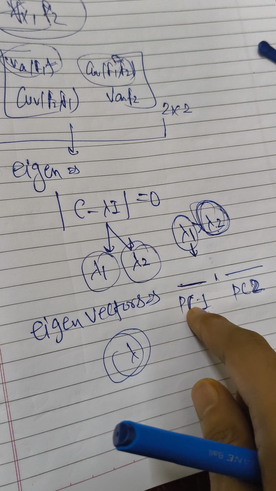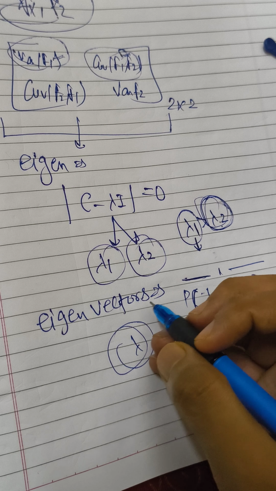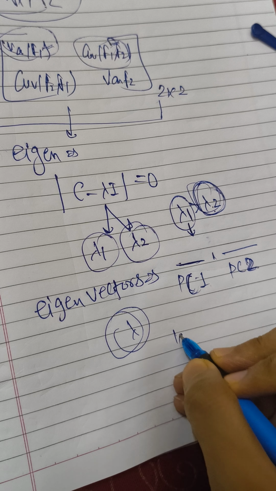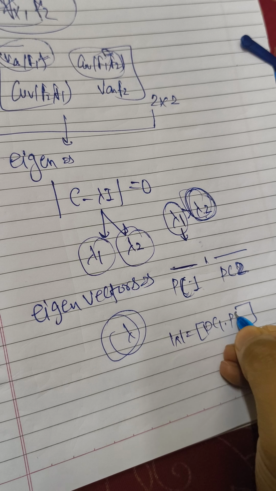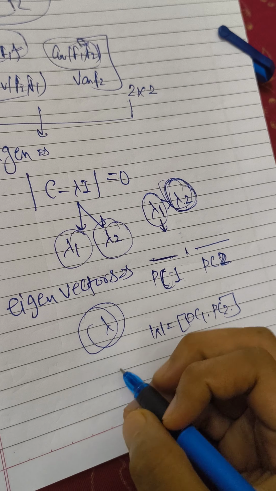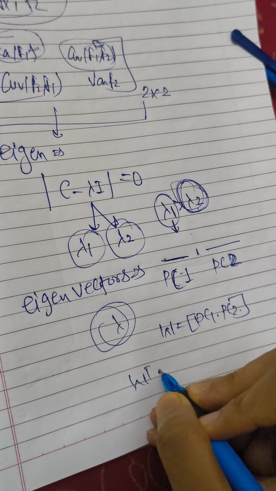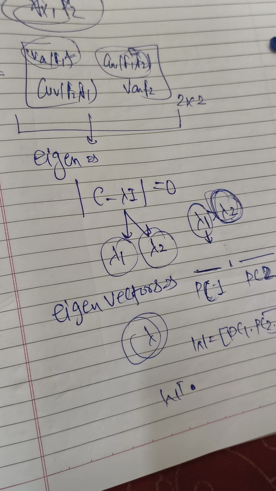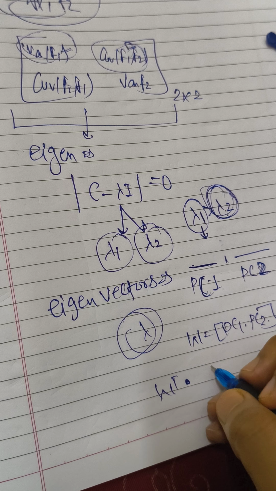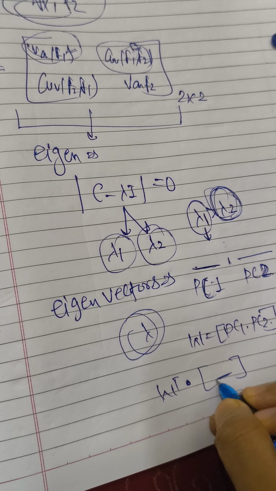And at last, we put our eigenvectors in a matrix, PC1, PC2. Then we take the transpose of this matrix and multiply it with the input feature data points.